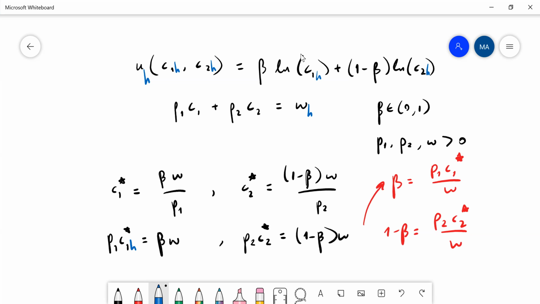Because if this is C1H, this is C2H, and this is WH, then you can write total spending on the first good in this way, and total spending on the second good in this way. Obviously these also depend on beta, so if you write this, beta goes out.